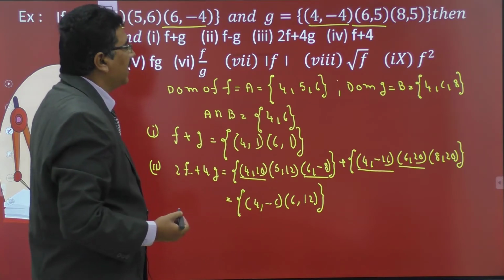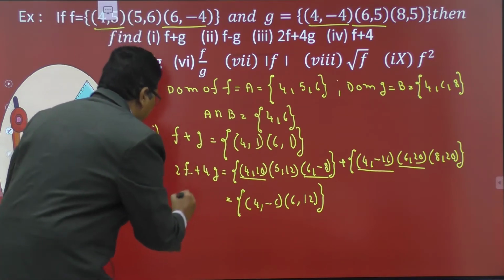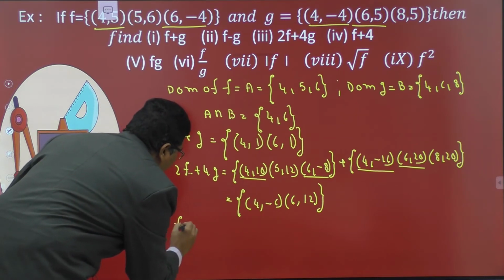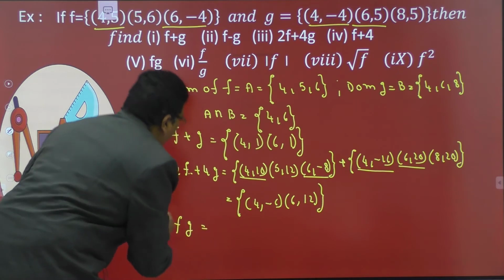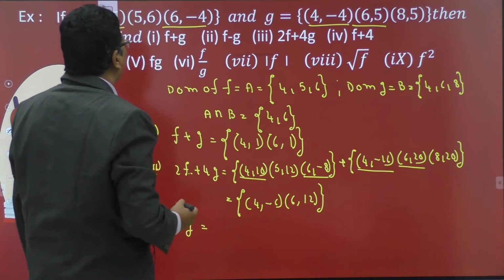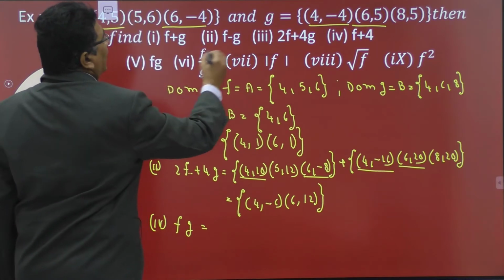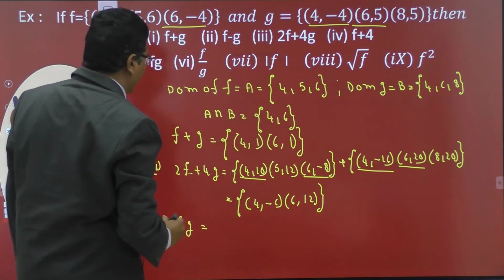Now fg. Here also we have 4 comma 5 and 4 comma minus 4.